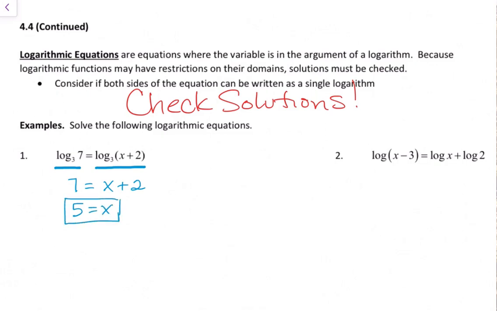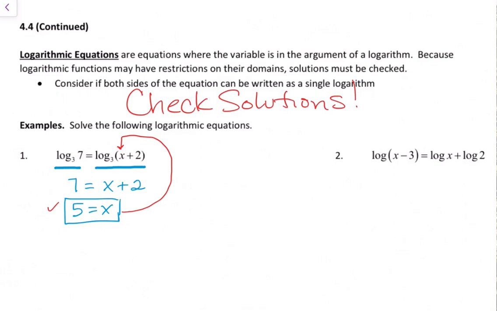And now remember, I have to check that value, and you always want to check it back in the original equation. So I'm wanting to make sure that if I let x be 5 in the original argument, it keeps that argument positive. And of course, 5 plus 2 is positive. So I do get to keep that as my solution.